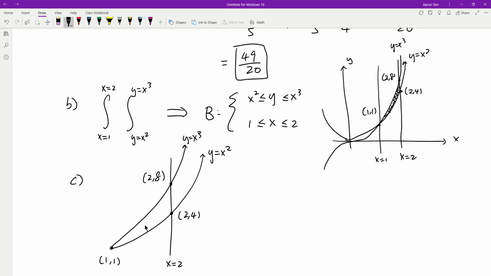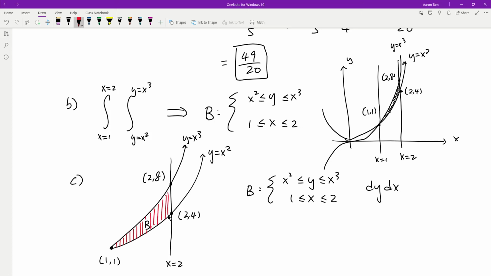Now, the interesting thing about this is the following. If I look at this region B right here, notice that B can easily be described by using these two inequalities. It has a top curve, a bottom curve, and then it sits between two x values. If you imagine you try to color in this region B when we do dy dx, because we go y first, it's like we color in this region using these vertical lines.